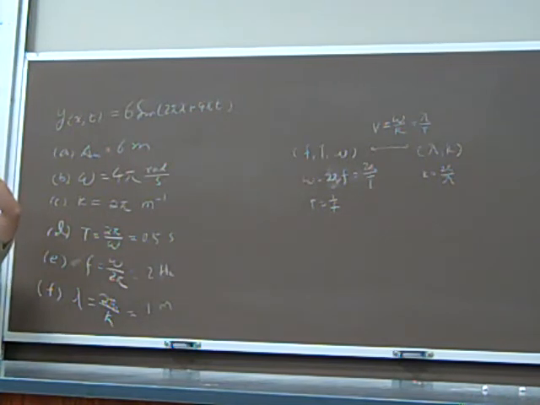After 0.5 seconds, it will be back to here. So that's the temporal pattern. And lambda equals 1 meter means that if you look at the wave, if this point, the position is this high, then 1 meter away from it, the oscillation will give you the same height. Okay, 1 meter away from it, same height.